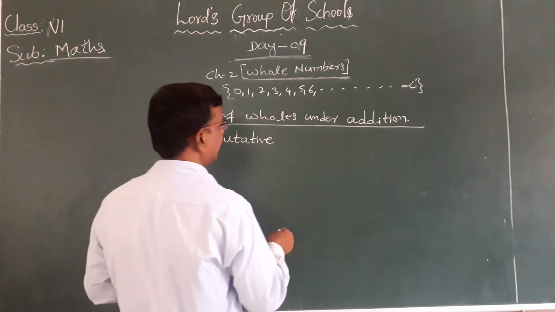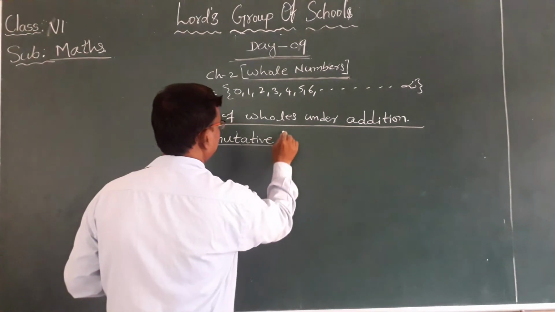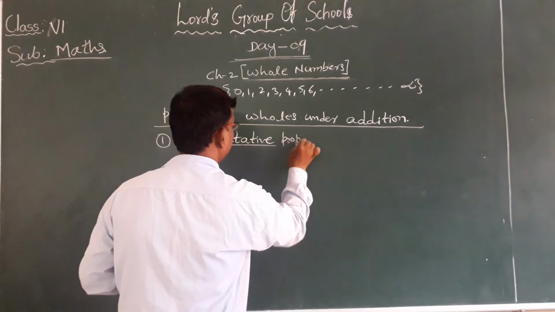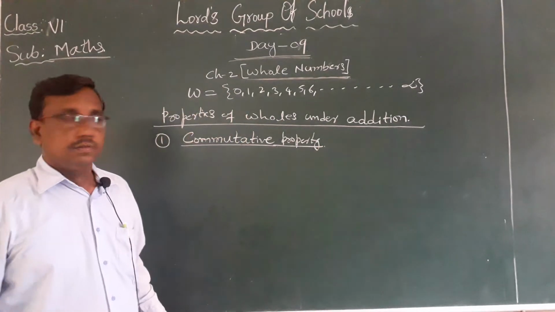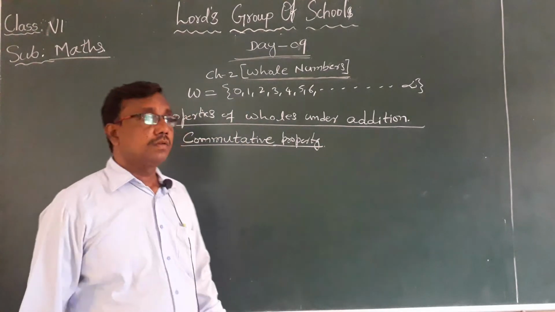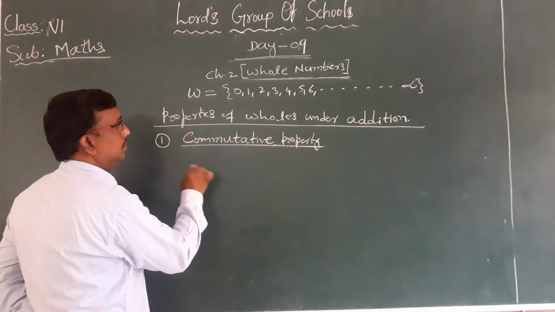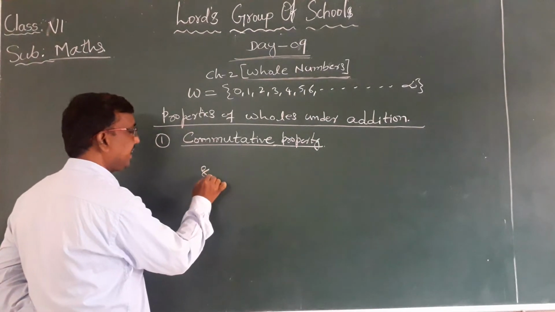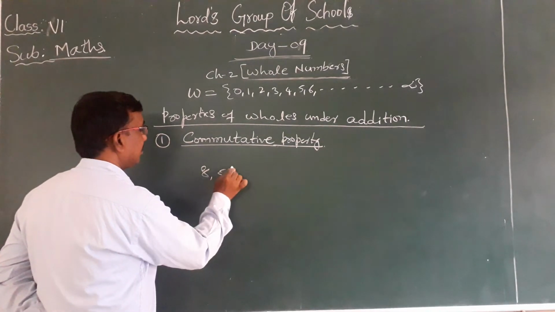Commutative property under addition. Let me explain a few. Let me take two whole numbers, 8 and 56.